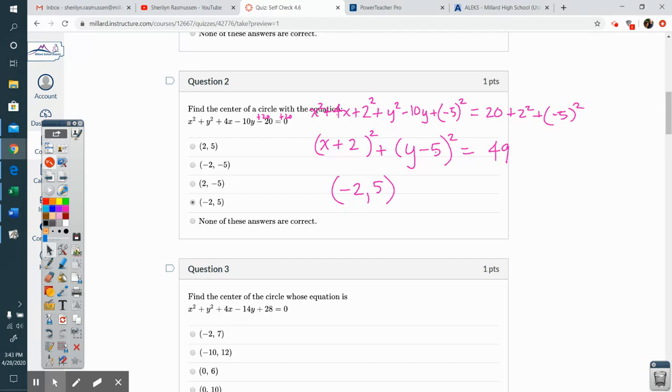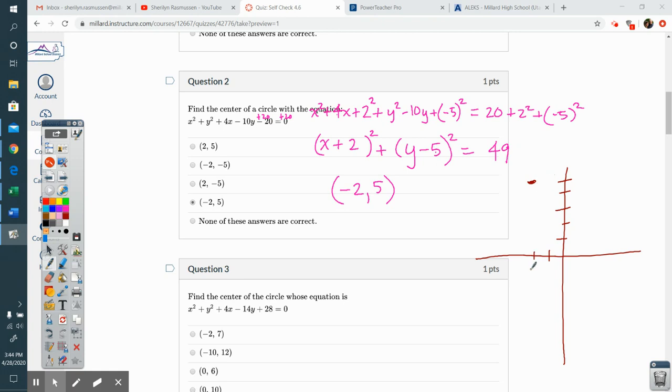So just so you know what's happening here, if I had a grid, the center of my circle would be back 2 and up 5 right here. The radius would be 7.